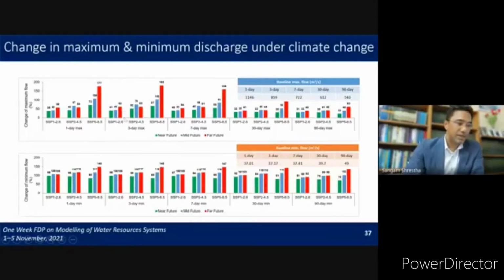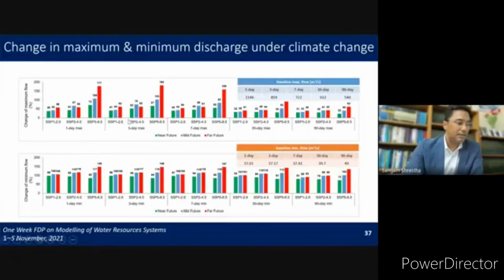The upper bar diagram shows the change in the maximum discharge, and the lower bar diagram shows the change in the minimum discharge. The table here shows the baseline maximum discharge and baseline minimum discharge.